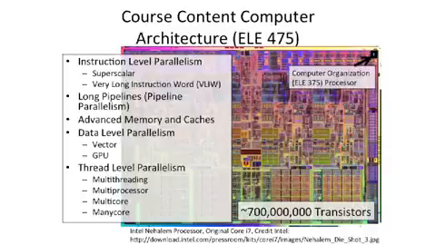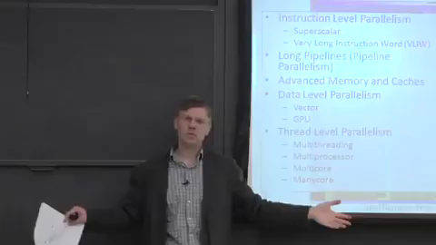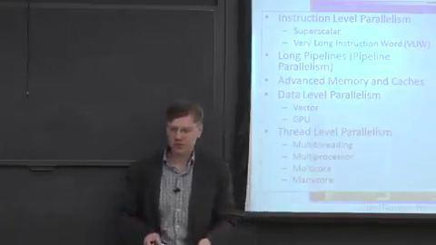So we're going to look at superscalar processors, which can execute multiple instructions at the same time, and it's done implicitly from sequential code. And we're also going to study very long instruction word processors, or what's called VLIW processors. We're going to hint a little bit about pipeline parallelism and look at how to build longish pipeline processors.